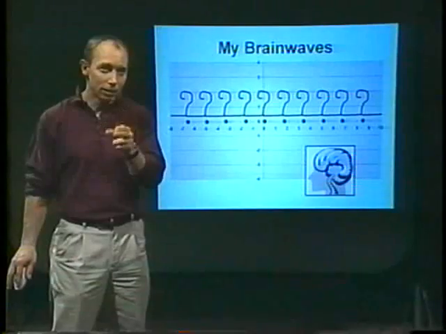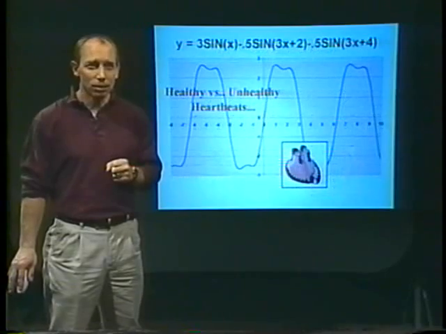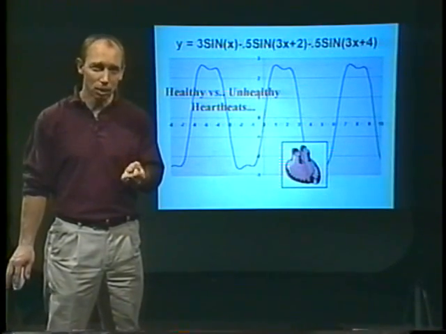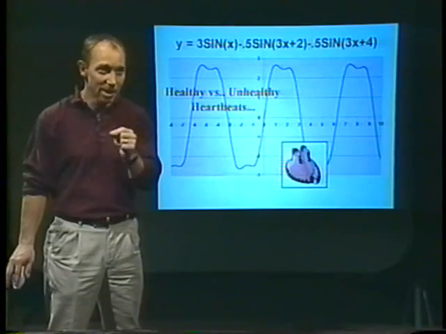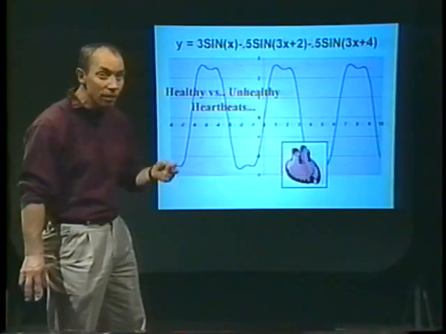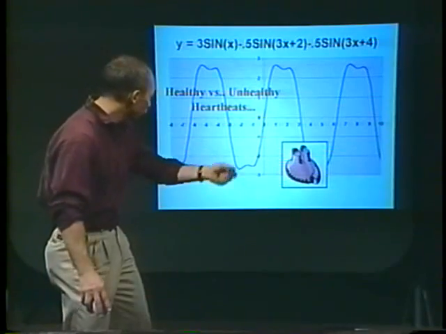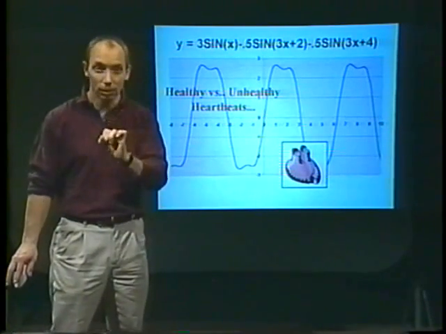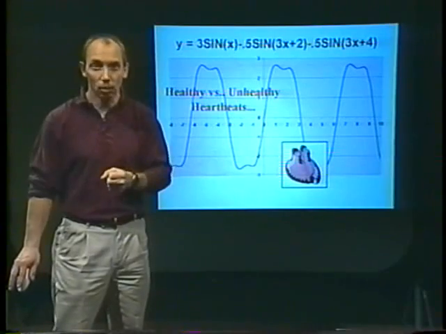But a great use of this is, my wife's a cardiac nurse, and they listen to people's hearts, and they actually have a name for each of the little curves here. They call it a P wave, an R wave, an S wave, each of these little turns. They can look at them on the monitor. It's like your graph.